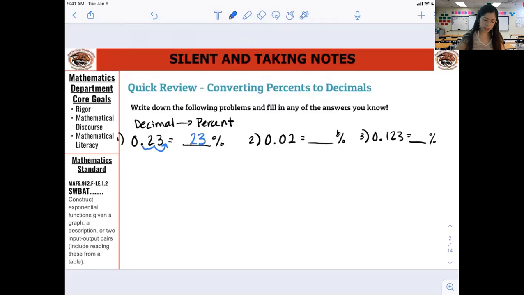Same thing. We're just moving that decimal 2 steps to the right. So I get 2%. 0.123 as a percentage is 12.3%. Same thing, 2 units to the right. So my decimal is between my 2 and my 3. 12.3%. Any questions on turning a decimal into a percentage?